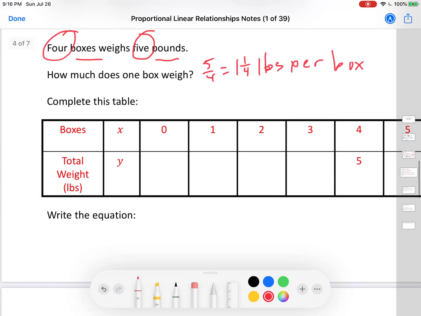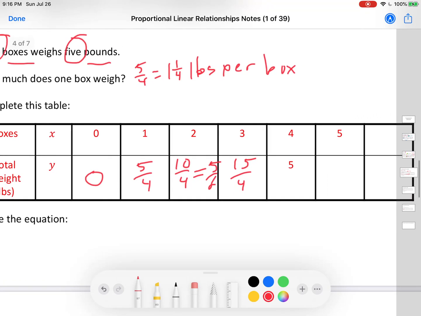Complete this table. 0 times 5/4 is 0. 1 times 5/4 is 5/4. I could write that as 1 1/4. It doesn't make any difference. 2 times 5/4 is 10/4, but that simplifies to 5/2. 3 times 5/4 is 15/4, which doesn't simplify. I could turn it into a mixed number.